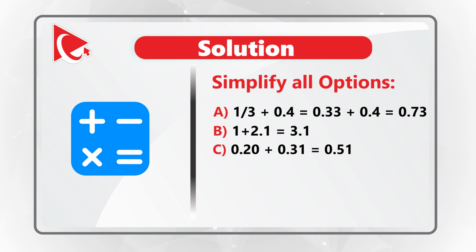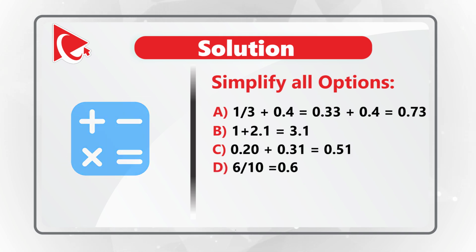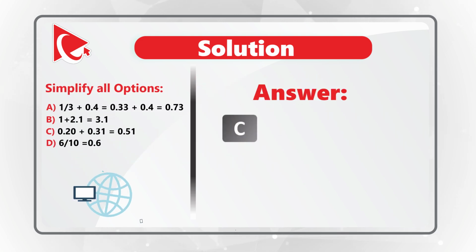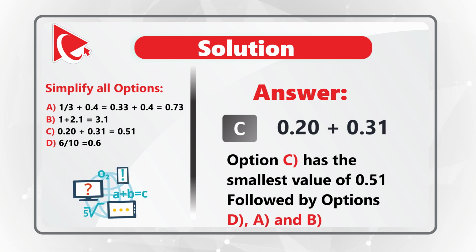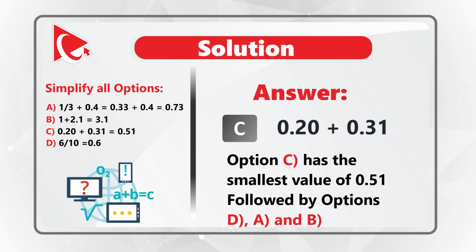Choice C, 0.20 plus 0.31 equals 0.51. And choice D, 6/10 equals 0.6. Which means, if you look at the answers, that option C has the smallest value of 0.51, followed by option D, A, and B.